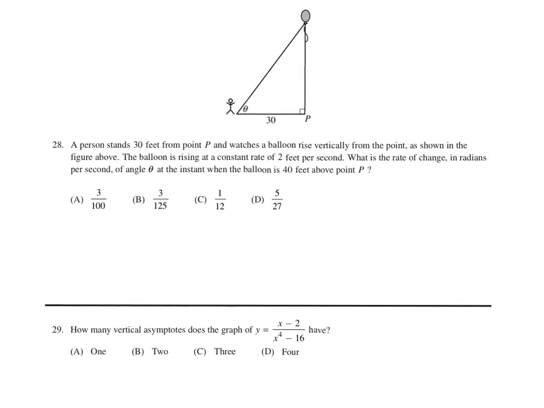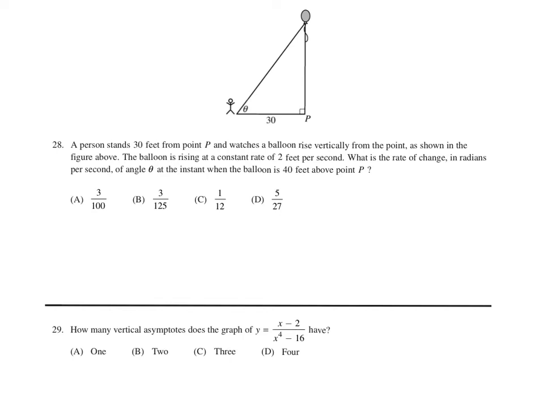Okay, what we have here is a related rate. These are tough. They're really a plug and chug, but you might want to practice with the related rates extra problems that I've uploaded. We've got a person standing away from a balloon that is above the ground. The balloon is rising at a constant rate of 2 feet per second.